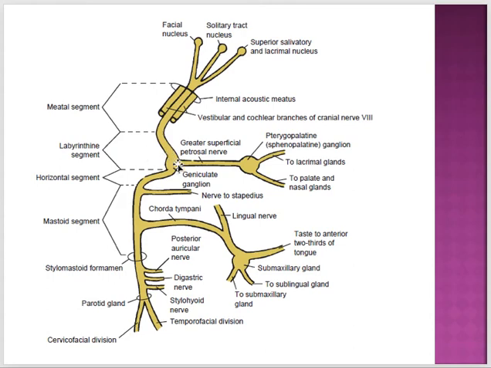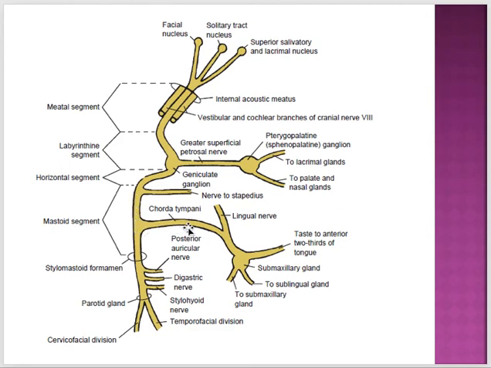Now here it gives the greater superficial petrosal nerve, which takes the fibers to the lacrimal gland, the palate and the nasal glands. Whereas you will see that there is a horizontal segment, and right after that it gives a nerve to the stapedius, which is a muscle in the middle ear, and then all this is the mastoid segment. And in this mastoid segment, it is also giving a branch to the chorda tympani.